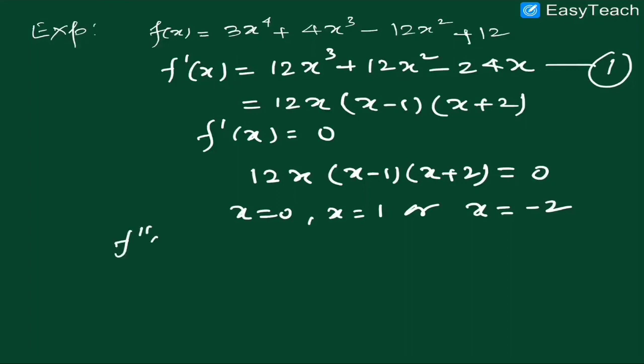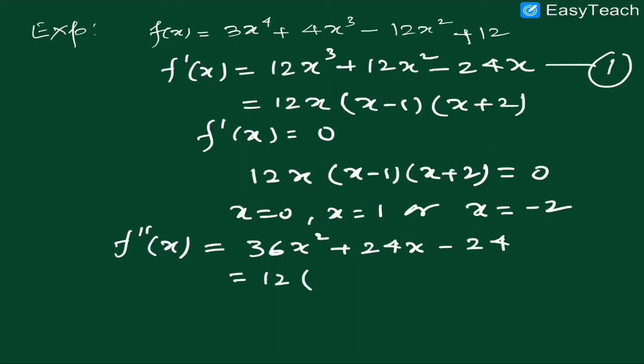Now again differentiate the equation 1. We get f double dash x is equal to 36x square plus 24x minus 24, which is equal to 12 into (3x square plus 2x minus 2).